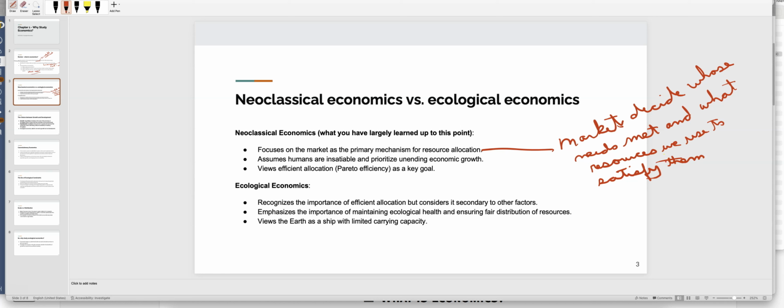So for the most part, we'd say the market decides whose needs are going to be met and what resources we're going to use to satisfy them. Then the second bullet point is that we presume the firm is trying to maximize its profit and the consumer is trying to maximize their utility, but there are no limits.